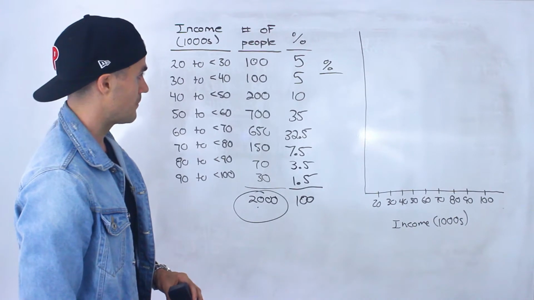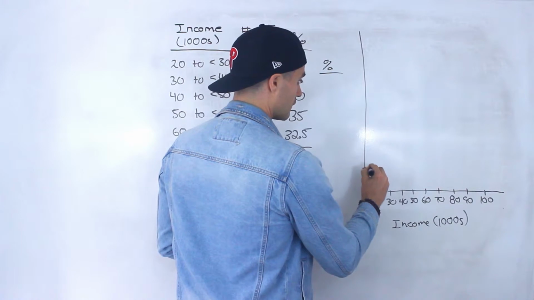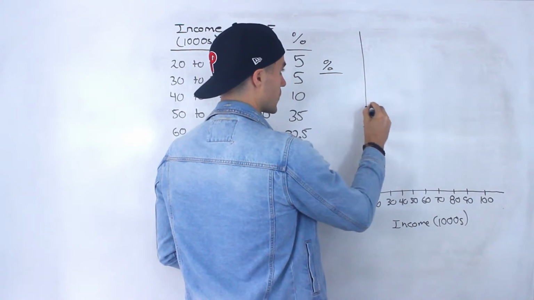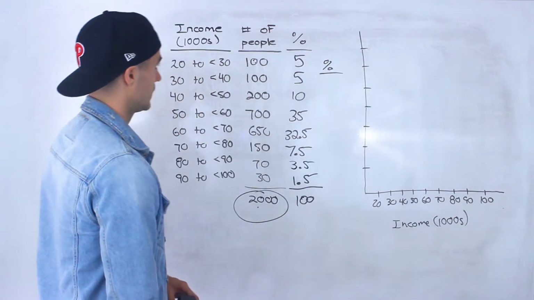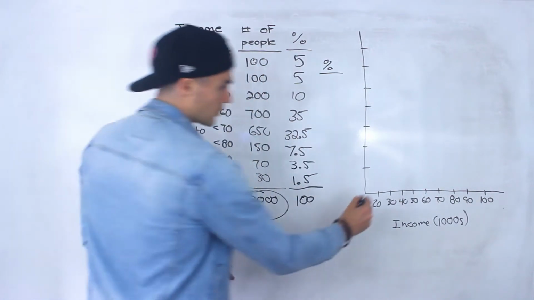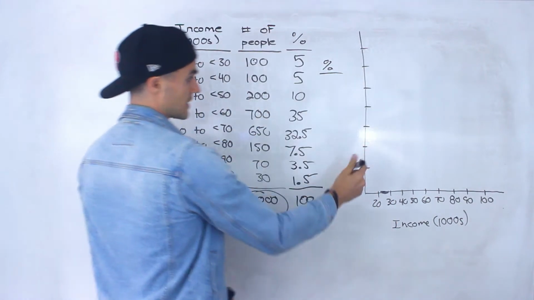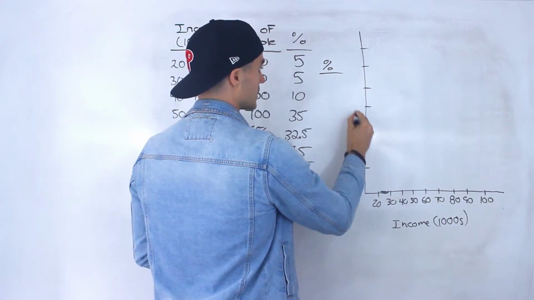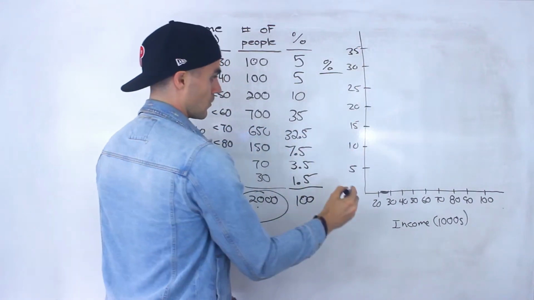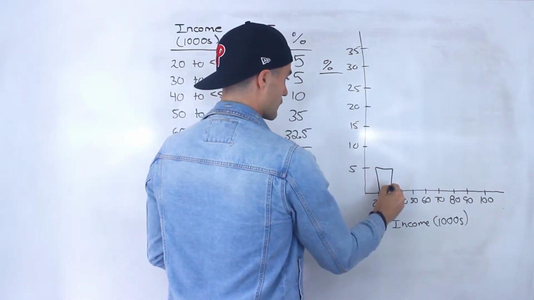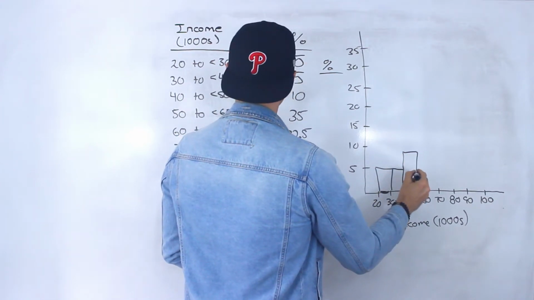And let's go up by 5s here. So it goes up to 35%. So we'll go 5, 10, 15, 20, 25, 30, 35, like that. So 20 to less than 30, which is this interval over here, that is 5%. So this would end up being 5, 5 again, and then we'll have 10.